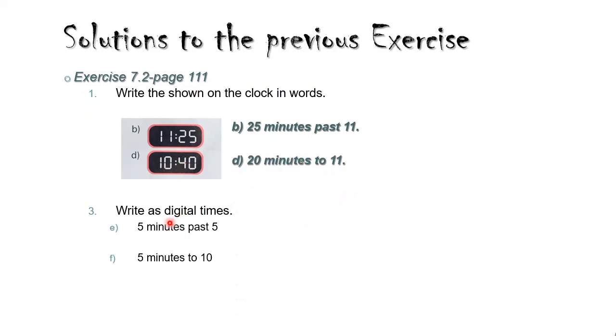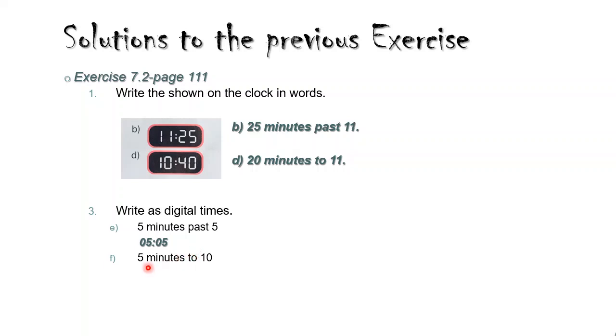Then you go to number 3, where it says write as digital time. Now it is given in words, and you should write it in numbers. Here we have 5 minutes past 5, which is just equal to 5:05. And then F, we have 5 minutes to 10. You should know the difference between past and to.